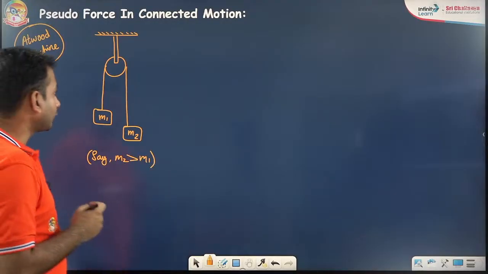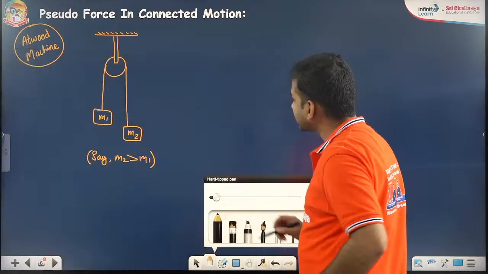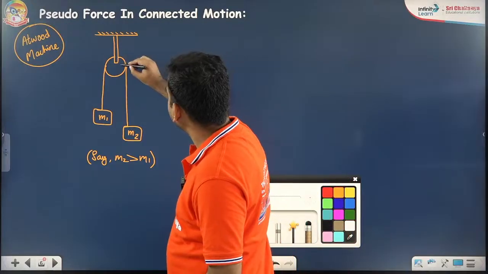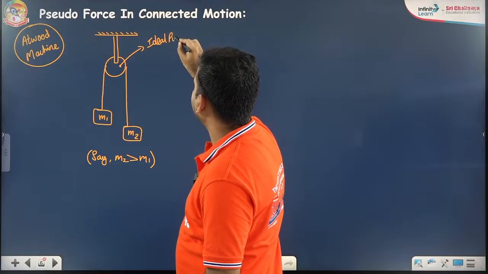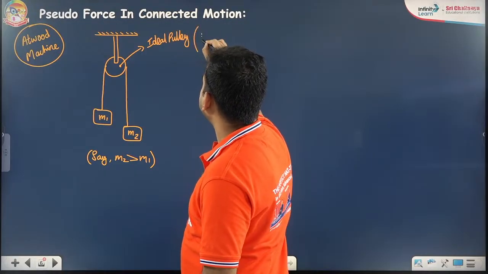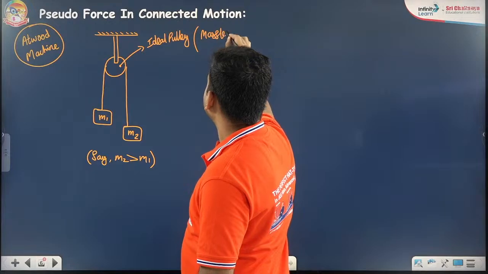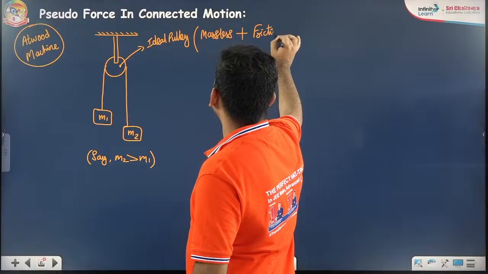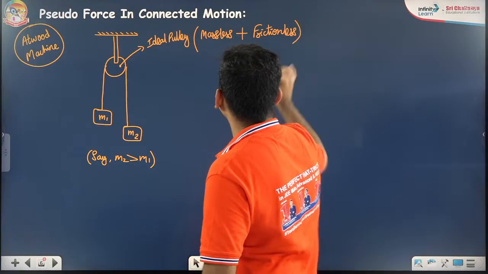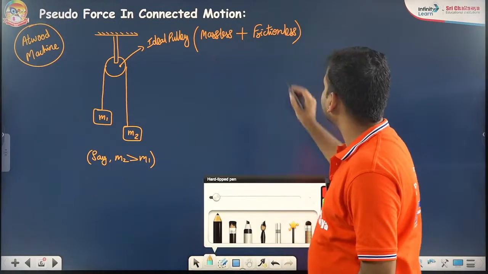So what will happen here? You will say that this pulley is ideal, massless plus frictionless. What is the advantage of calling it frictionless or calling it massless?